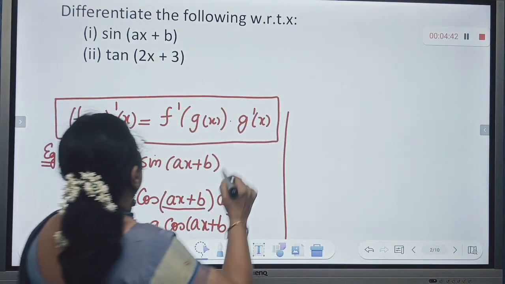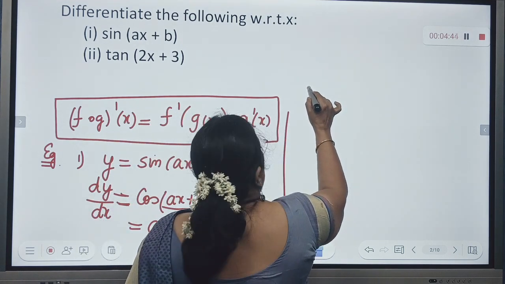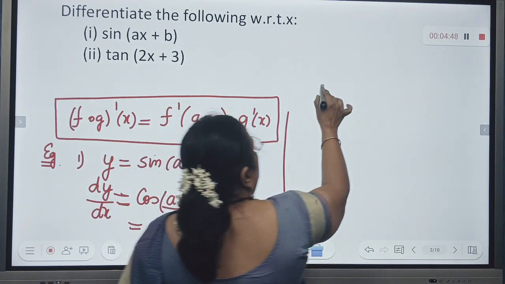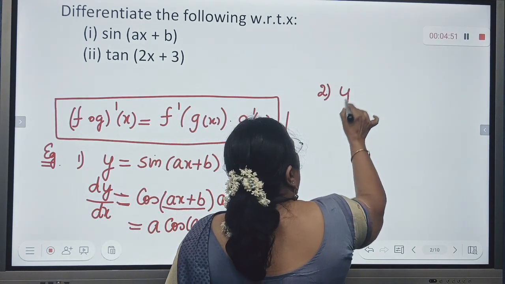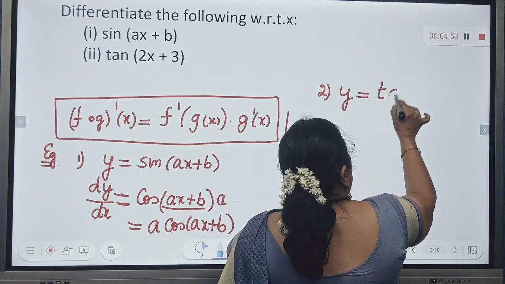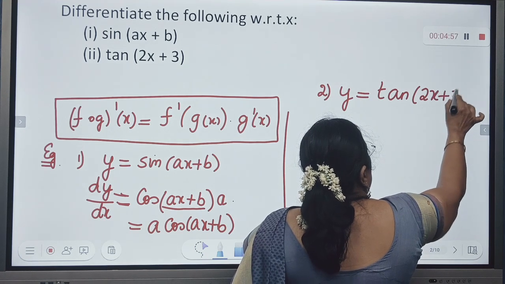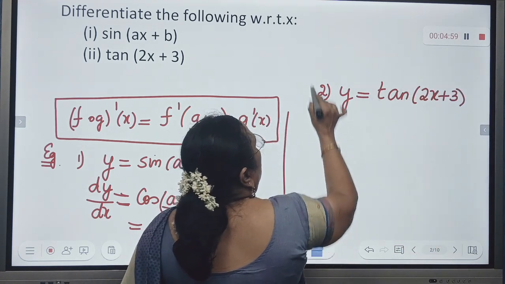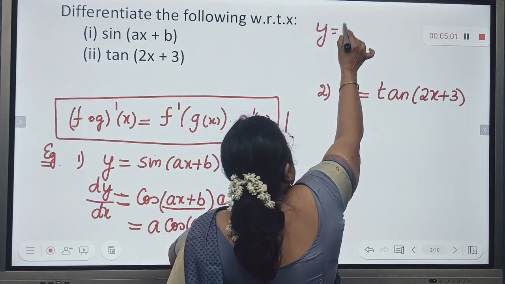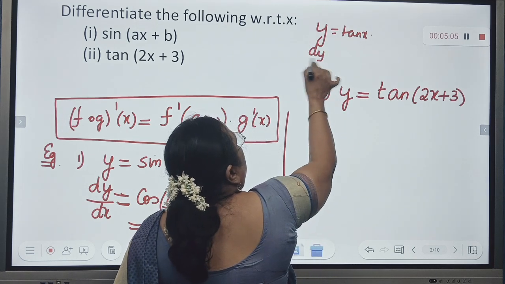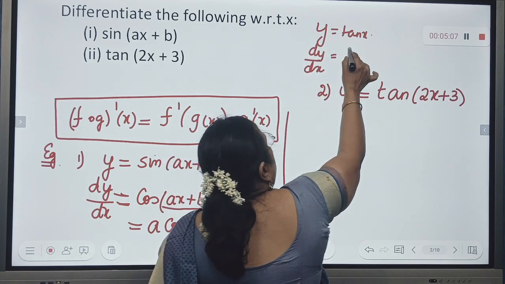Next, if y equals tan of 2x plus 3. You all know if y is tan x, dy by dx is secant square x.